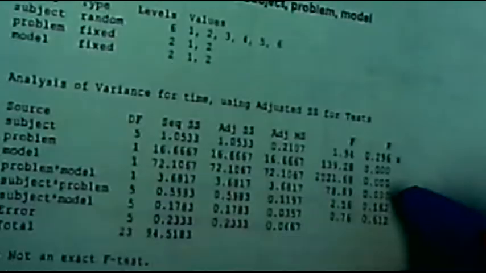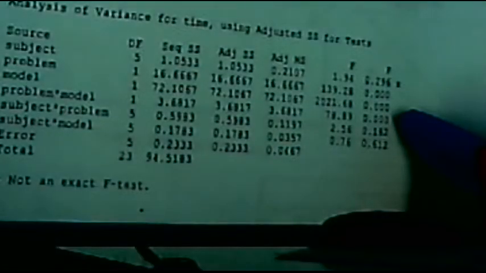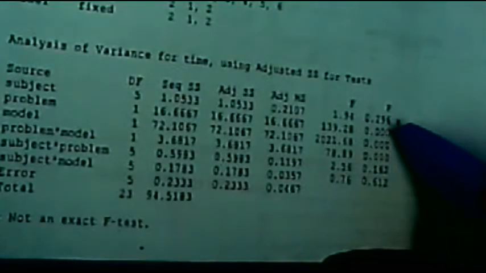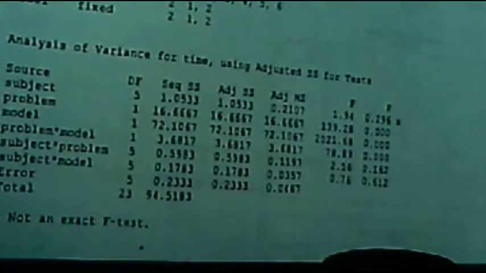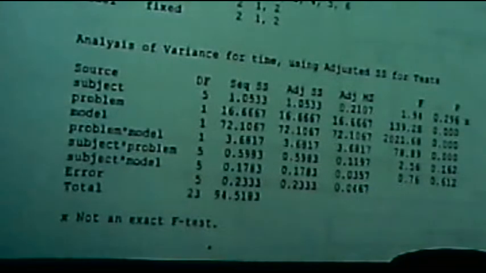But we do have significant interaction there, two significant main effects there. And the test about subject is one of the pseudo-F tests because of the X that you see there. And there's some detail below about how it formed that F statistic.